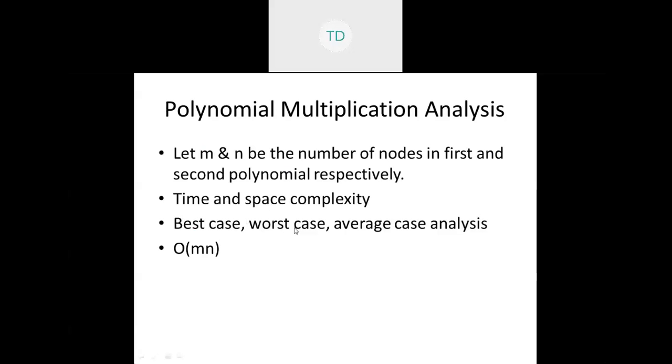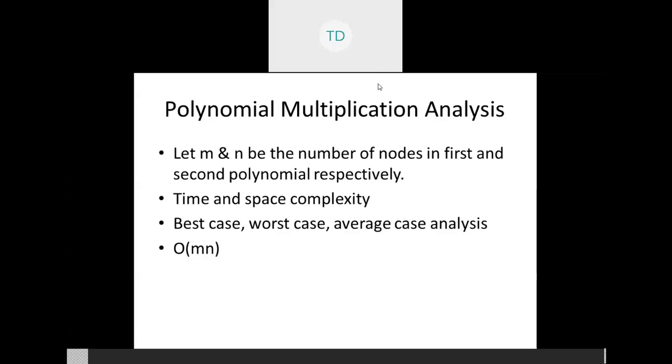The best case, worst case and average case analysis, all three will be same, because in all these three conditions we'll be doing the same multiplication process. The time complexity will be order of m multiplied by n, where m is the number of nodes in first polynomial and n is the number of nodes in second polynomial.